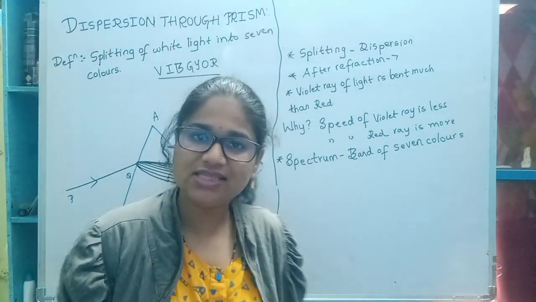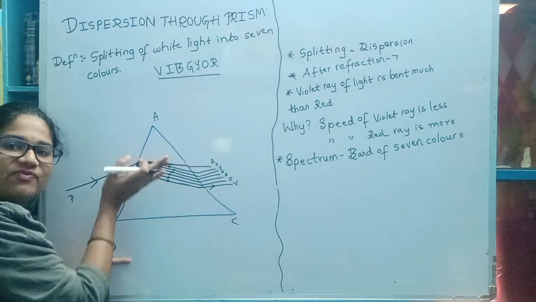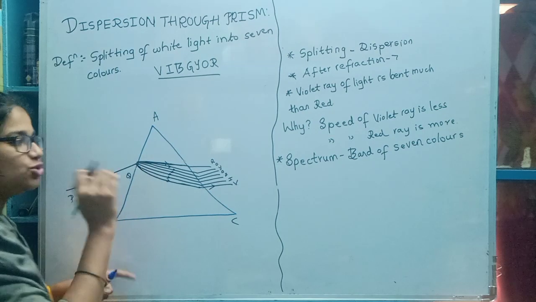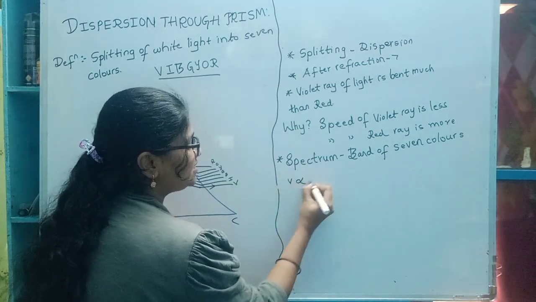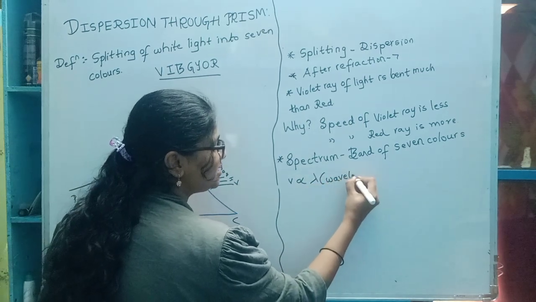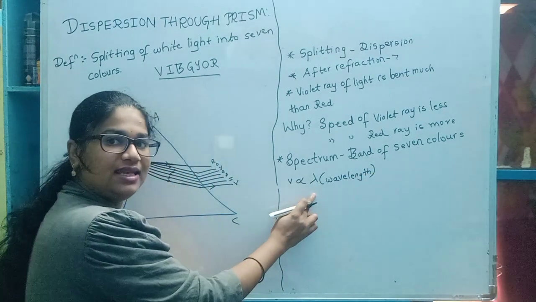When the wavelength is less, refraction takes place to the maximum. That is why the violet ray bent more compared to red. So here we can say that V, the speed of light, is directly proportional to the wavelength. Wavelength is represented by lambda.